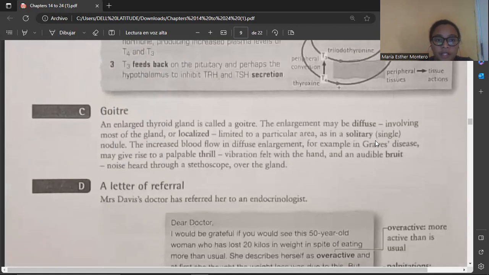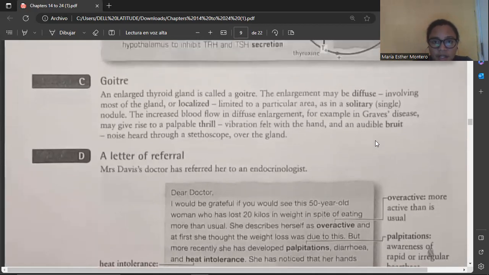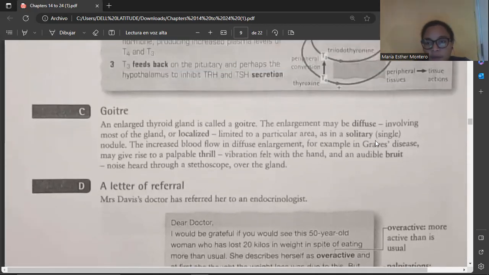Goiter. An enlarged thyroid gland is called a goiter. The enlargement may be diffuse, involving most of the gland, or localized, limited to a particular area, as in solitary single nodule.